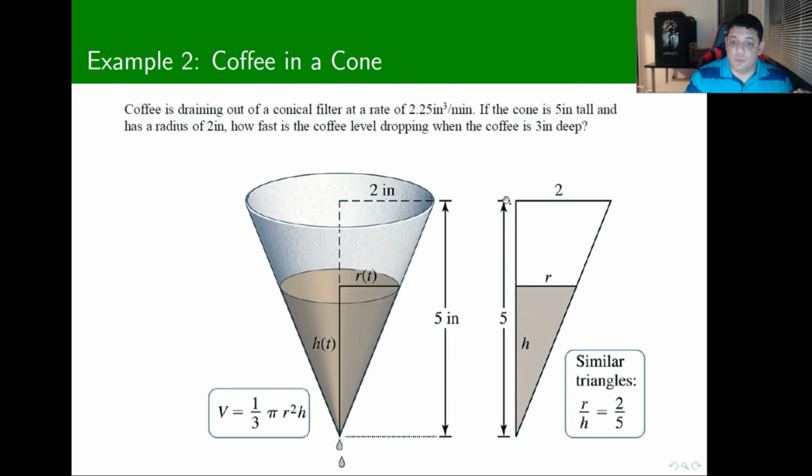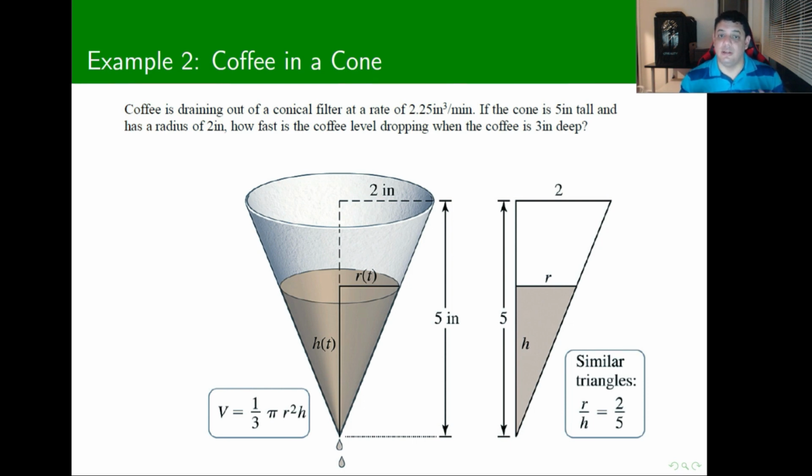One of them with altitude 5 and base 2, and the other one with altitude h and base r. Because they're both right triangles, there's a similarity, and I can create a ratio between them. The ratio of r over h is going to be the same as the ratio of 2 over 5. Those things are called proportions.